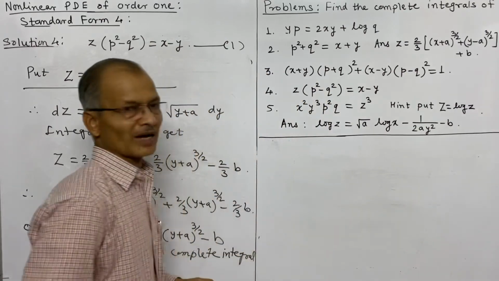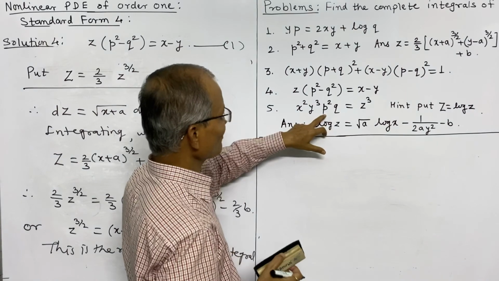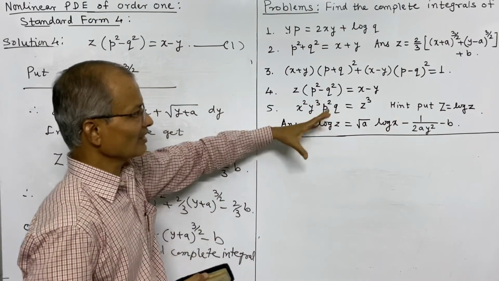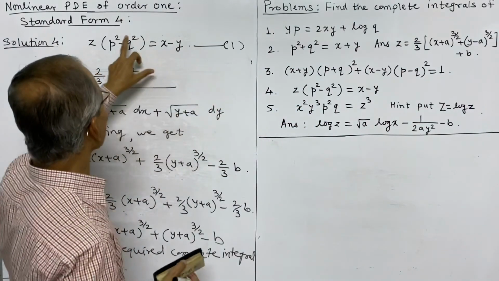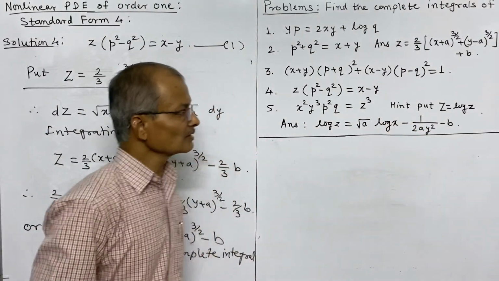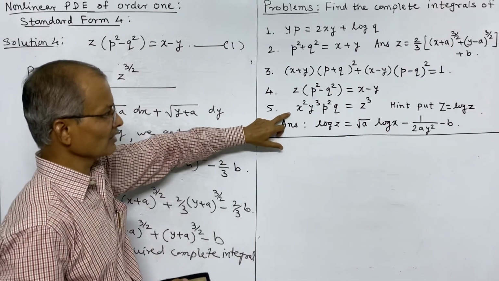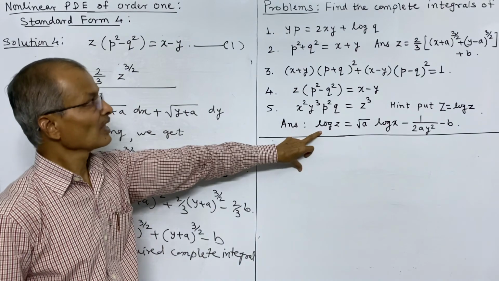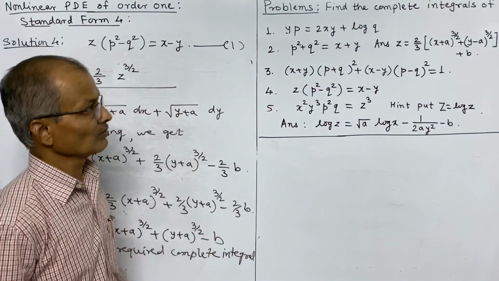That is 1 by z, and therefore this term z cube can be written as p square by z and q by z, and that will convert the fifth equation into the standard form 4. So you try using this hint, capital Z is equal to log z, exactly similar to the fourth problem. You can solve this fifth problem. This is the answer. You may verify it. So you should solve problems 2 and 5 yourself.